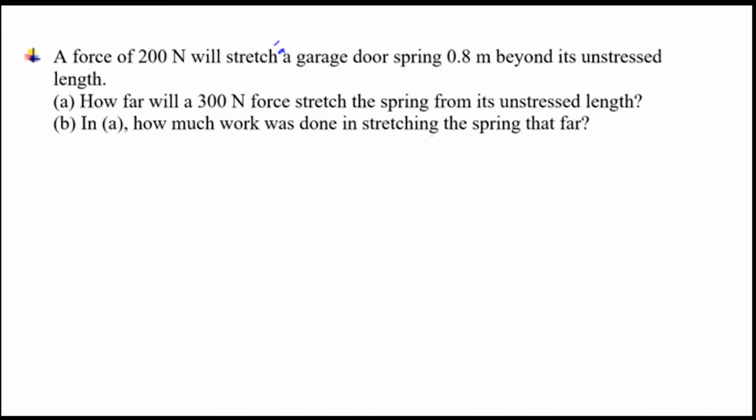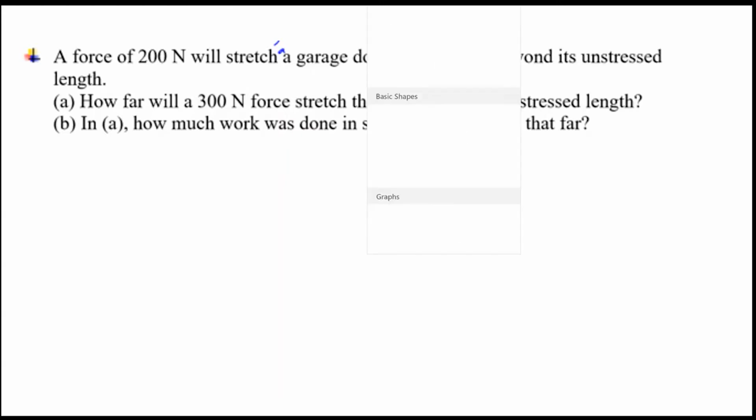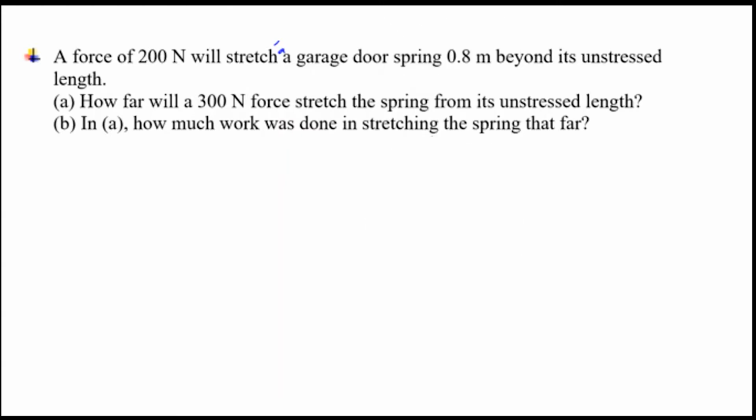So if we graph that, say this is a graph of x, let's say in meters, and the amount of force it requires, this is in newtons, to stretch this thingy, right? Then it's going to look like this.